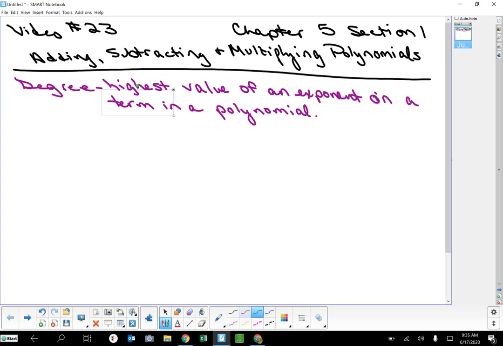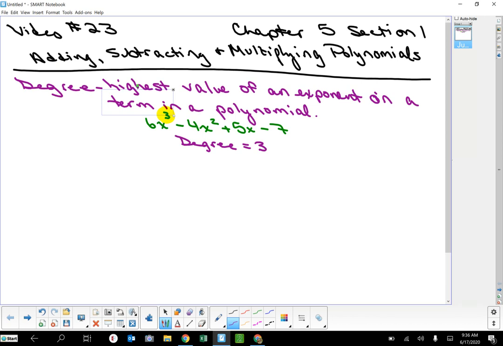Example: if you had 6x to the third minus 4x squared plus 5x minus 7, the highest exponent in that problem is the 3, so the degree here would be a 3.